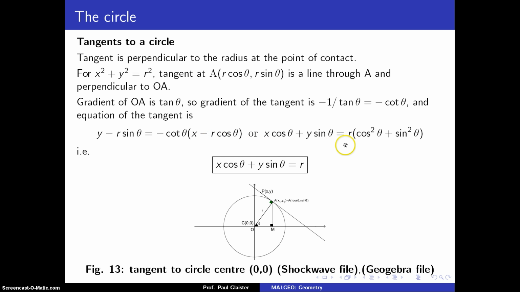If we rearrange and use the fact that cos squared plus sin squared is 1, we get this standard equation for the tangent to this circle at the point A with those parametric coordinates.